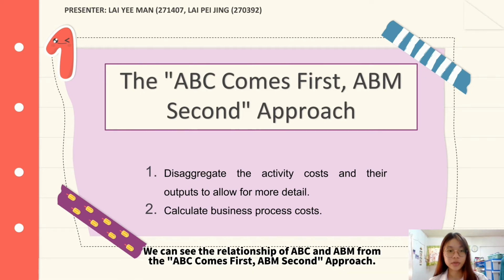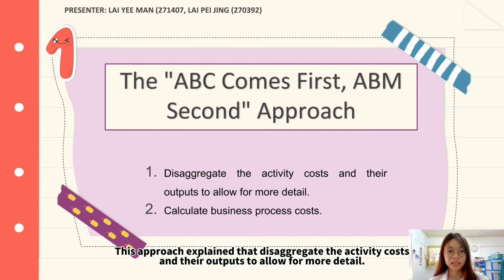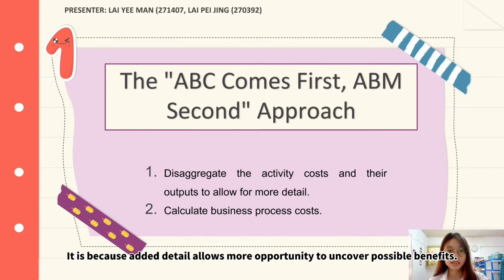We can see the relationship of ABC and ABM from the ABC first, ABM second approach. This approach explains the disaggregation of the activity costs and the outputs to allow for more detail. It is because added detail allows more opportunity to uncover possible benefits.